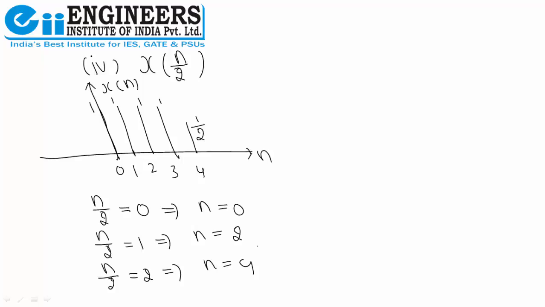I have just equated n/2 with each and every sample value of n. Now if I draw x[n/2], it will be like this: my sample will be present at 0.